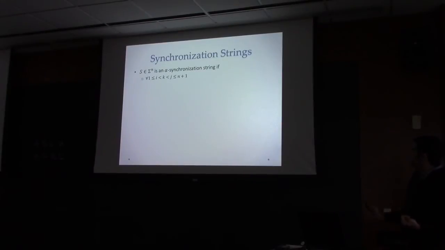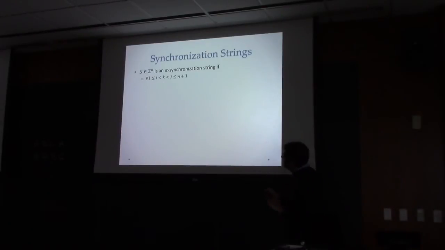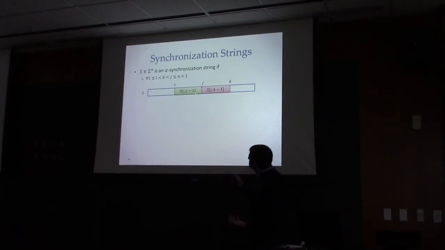Okay, let's get to the definition of synchronization strings. As I mentioned before, these are very, very simple objects. We call a string S over some alphabet sigma an alpha synchronization string if it has this property. For any three distinct indices i, j, and k, consider the substring that includes indices from i to j minus 1, and the other one with indices from j to k minus 1.